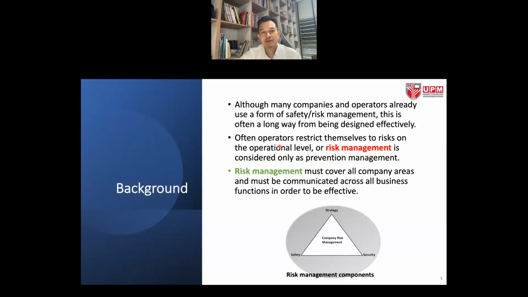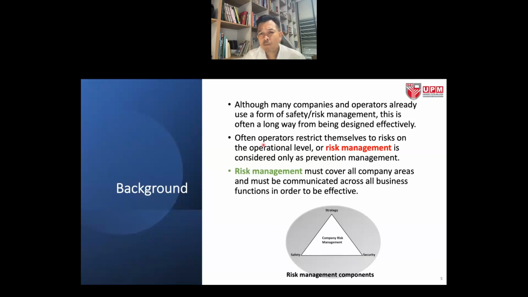So basically some airlines, some companies, some operators, just adopt from other renowned companies. They adopt it, they learn from it, and then they build themselves.